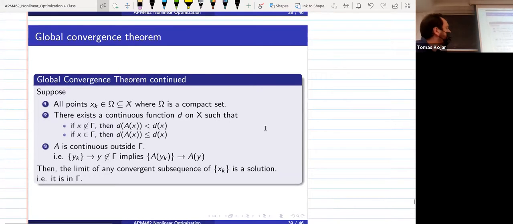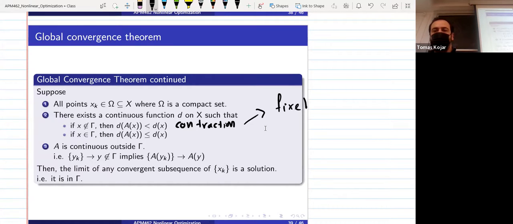And here are the assumptions. They're very general because we don't want to keep specifying. So first you need what is called contraction. If you do a little bit of physics, you will see this under the name of fixed point.